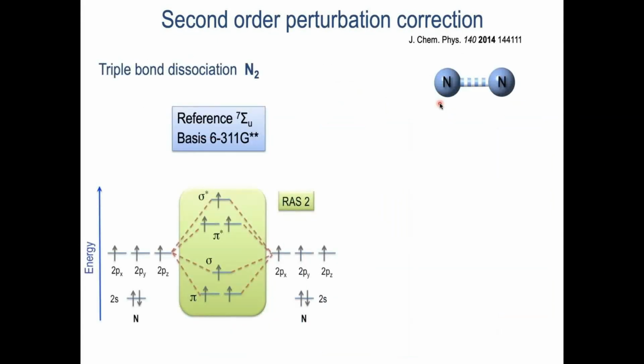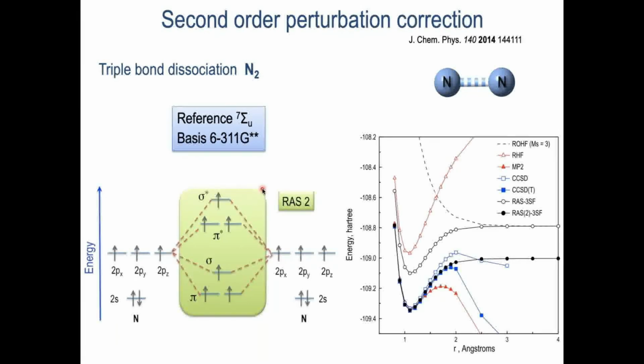And we have shown that this method works pretty well. Let me show you the case of the dissociation of N2, where we use a high spin reference, as high as the one that I'm showing here. This is a septet, so six unpaired electrons, and we use this configuration along the dissociation.